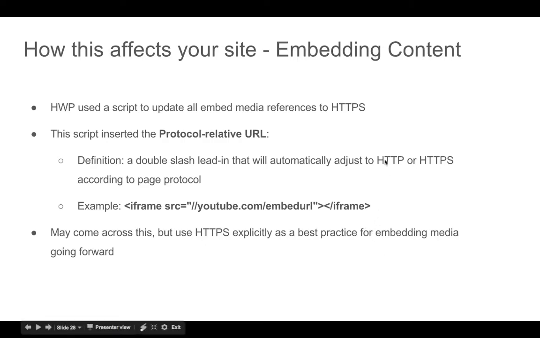This is something that we did as HWP to kind of correct the different embeds that could have HTTP content on there. We went in and just told all the embedded media on there to use a protocol relative URL, and that's just the double slash right here. What that lead-in does is really just have them follow the protocol of the page.